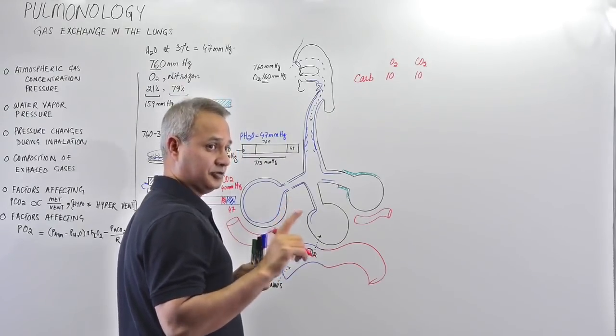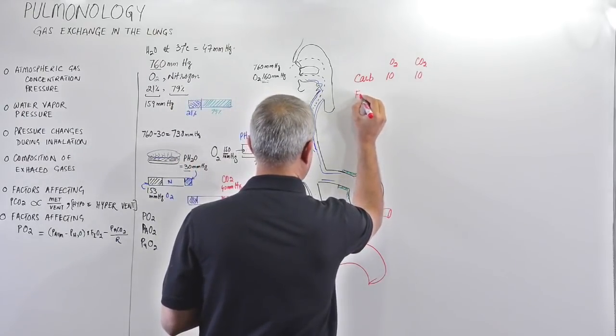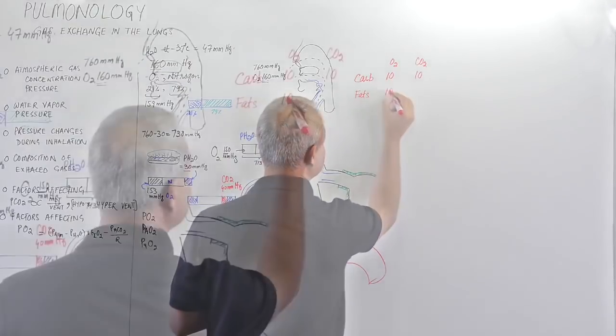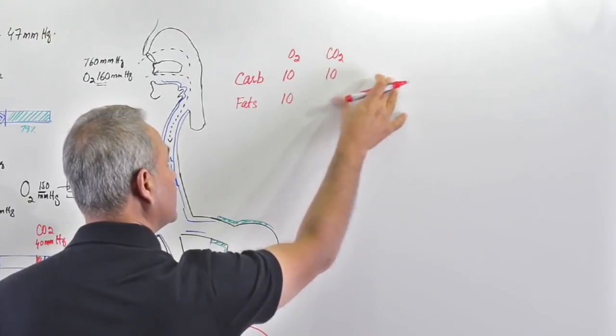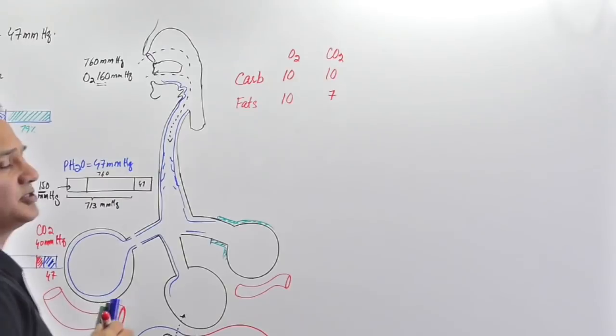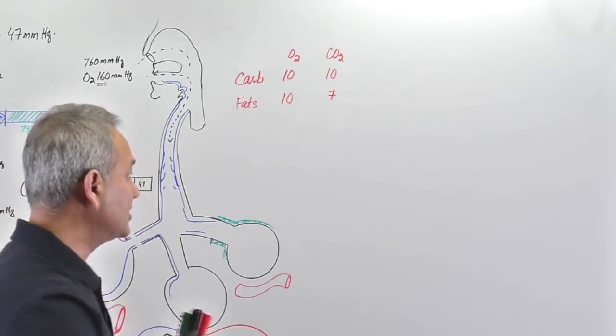If I eat fats, if I take 10 oxygen, I actually produce 7 carbon dioxide. So you look at me and you say, what is that magic? Why would that happen? Okay, so let me tell you this.